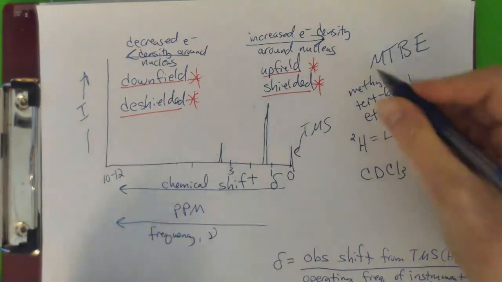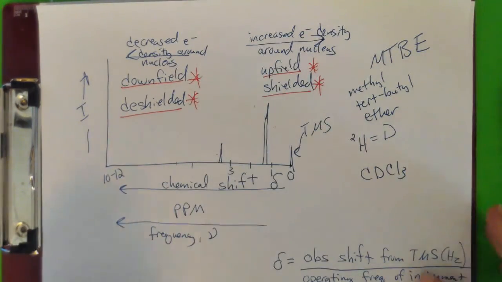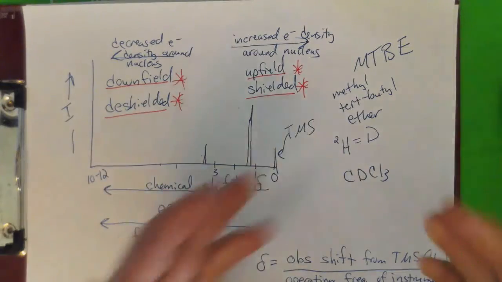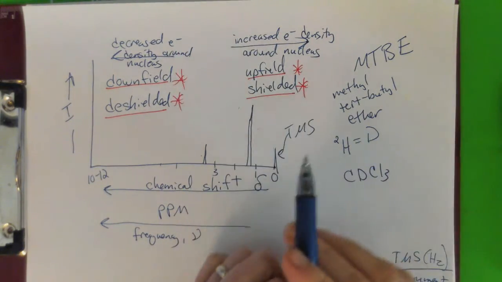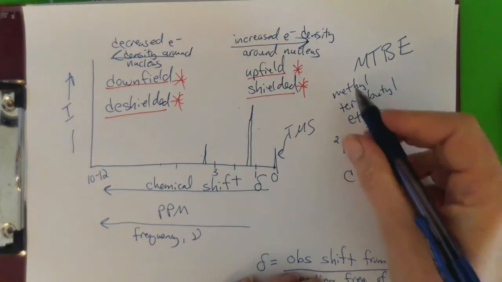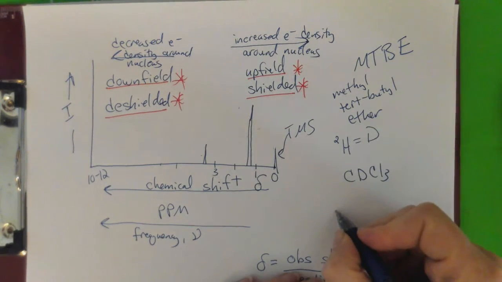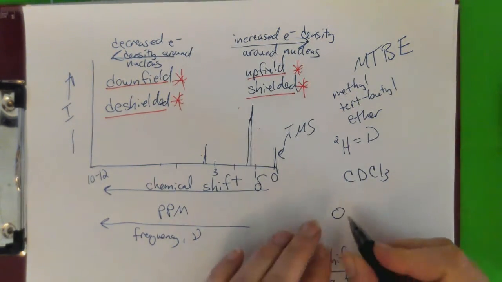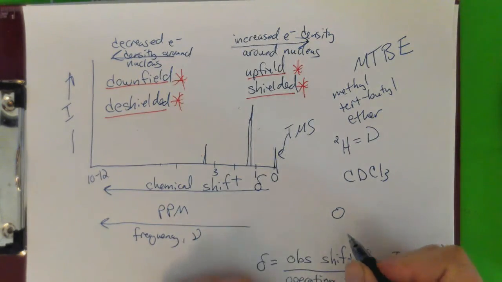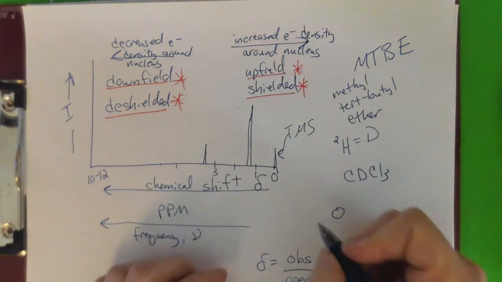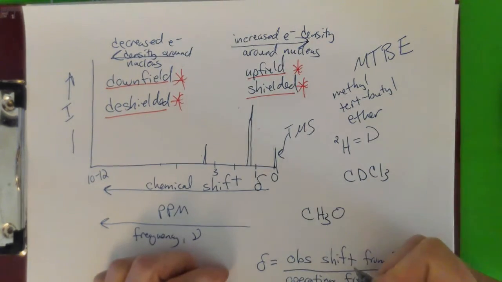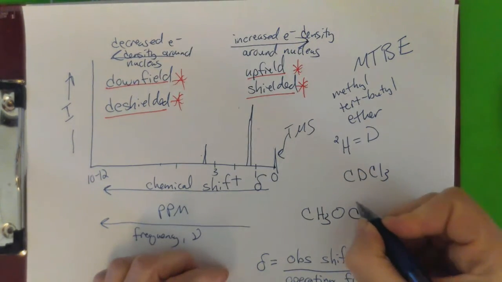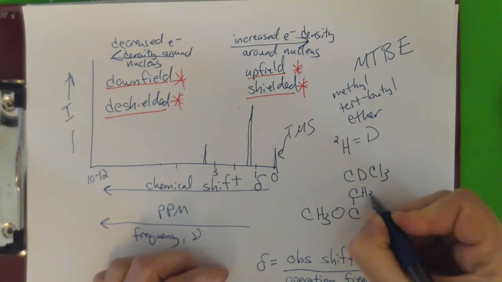And I've just written it out this way so we can break apart the name. So ether is something that I think you talked about towards the end of 301. So the ether, remember we have an oxygen that's going to be sandwiched between two carbons. On one side, the alkyl group is a methyl group, CH3. On the other side, it's a tert-butyl group. Okay, so I'll go ahead and draw that.